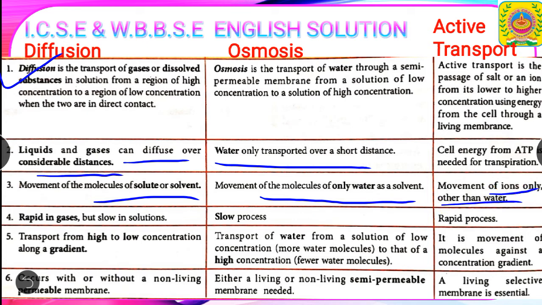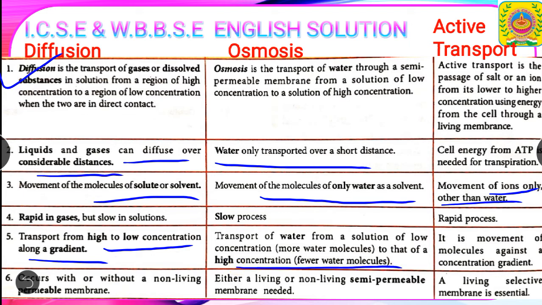Number 4, rapidity. Diffusion occurs rapidly in gases, but it is slower in solution. In comparison to diffusion, osmosis is a very slow process, whereas active transport is a rapid process. Number 5, in diffusion, transport from high to low region occurs along a gradient, and in osmosis, transport from a solution of low to high concentration occurs.